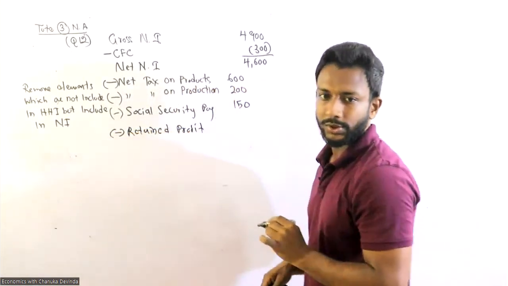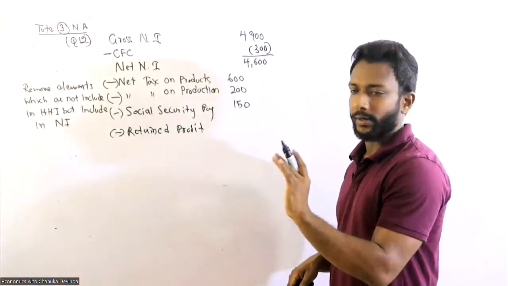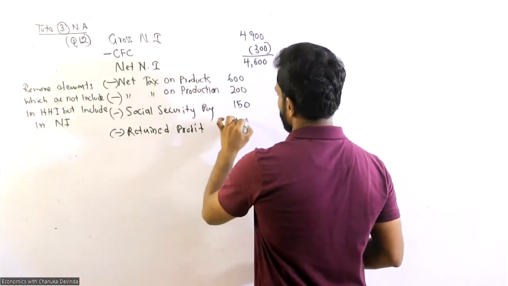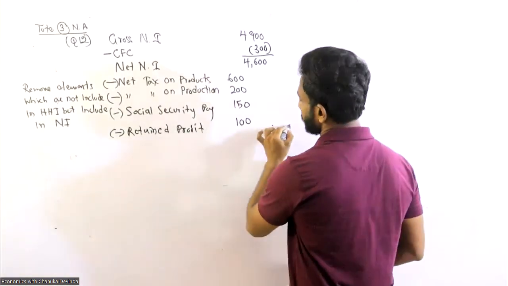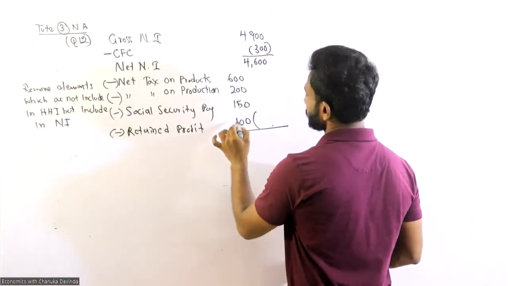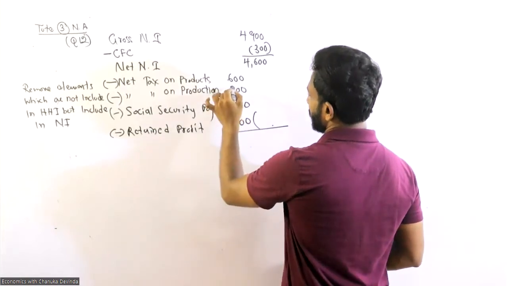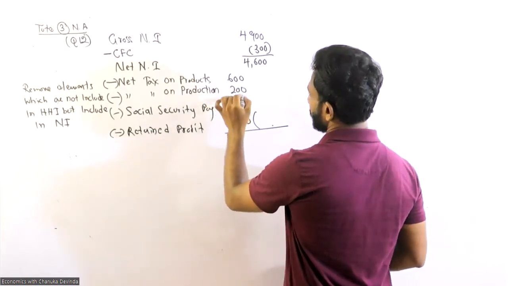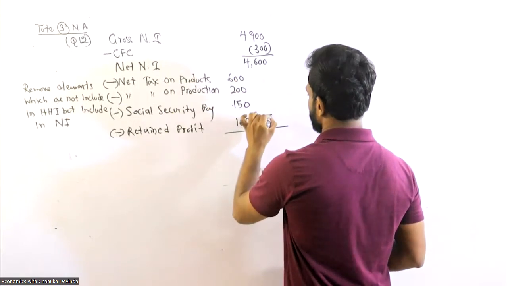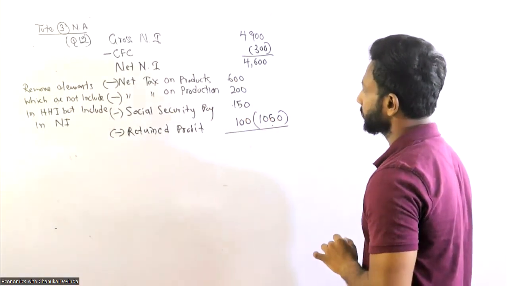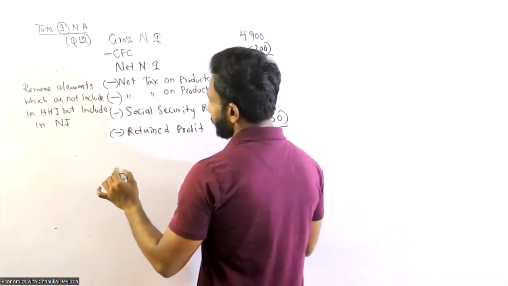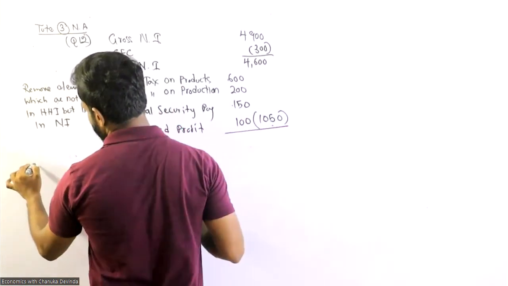It is how much? It is 100. Right, now can remove all these elements. 1050 need to be deducted, and there are elements that need to add.